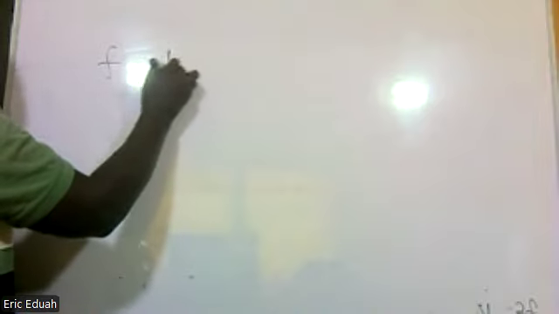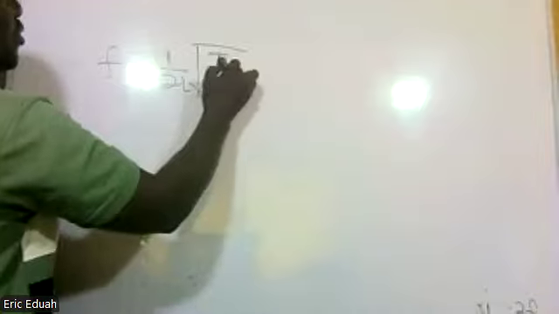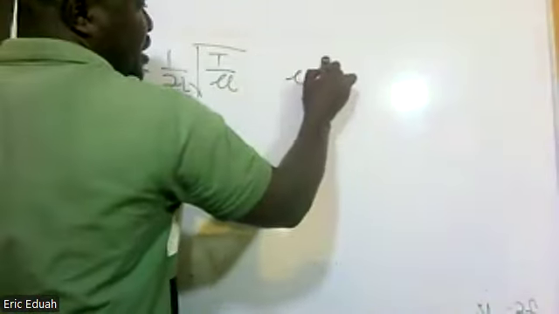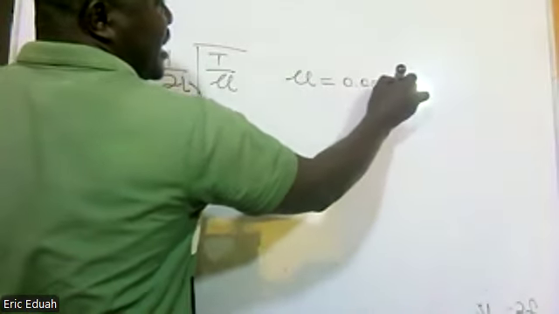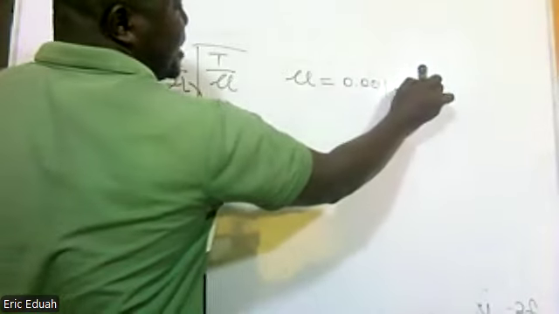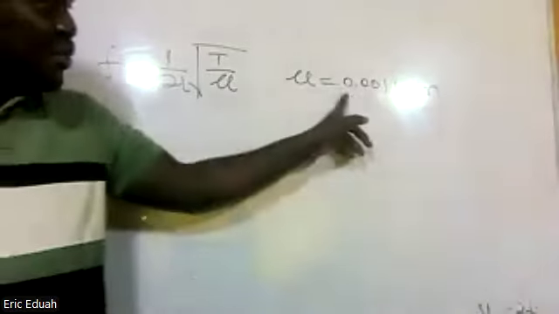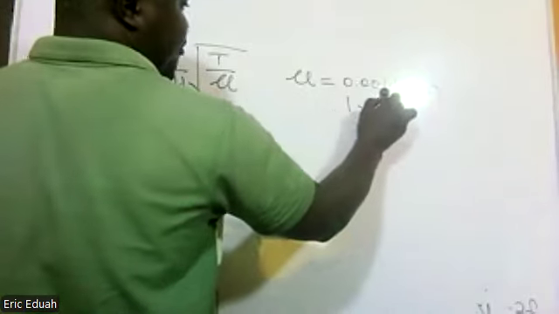So F equals 1 on 2L root T on mu. What I saw was that the question actually gave us mu, which was 0.001 kilogram per meter. What we were given, I think, was expressed in standard form.